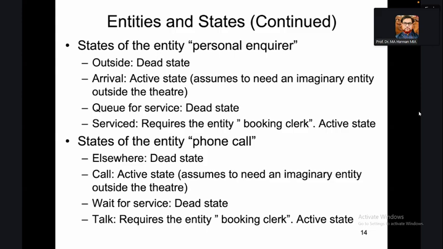Then when he makes a call, the ringer rings. Okay, that is called, the call is an active state, you are on call, the active state. So it is an active state because you are engaged with another entity. Okay.